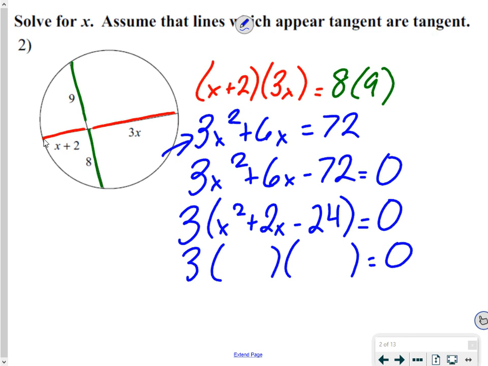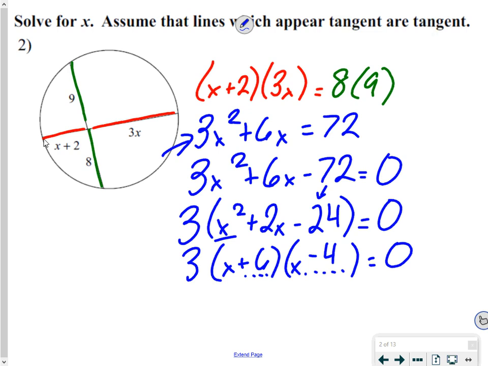Okay, so now from here, we know that's got to be an x, and that's got to be x to get us x squared. Now, the last parts of each binomial have to multiply to be negative 24, and then for the outer and inner parts of FOIL, we're going to have to get 2x. Okay, so in this case, we'd have positive 6 and negative 4.